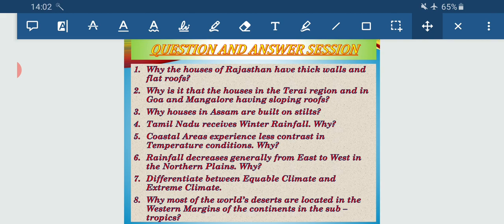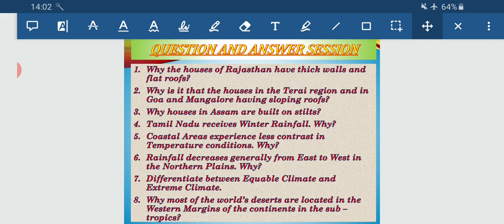Now, next, rainfall decreases generally from east to west direction in the northern plains. So, why is it so? Why does rainfall decrease from east to west in the northern plains? It is basically the winds approaching from east to west, which have less moisture as they shed their moisture on their path, and by the time they reach the western part, they have already shed maximum moisture.